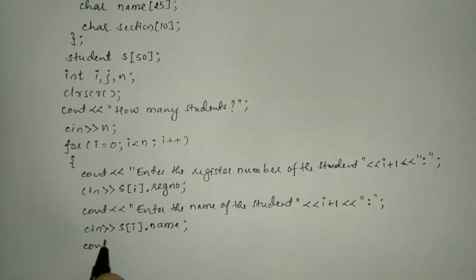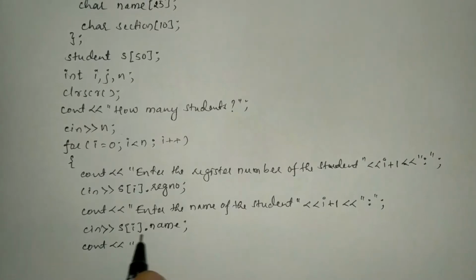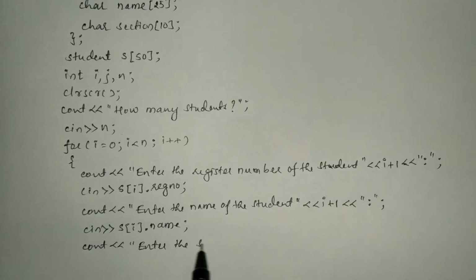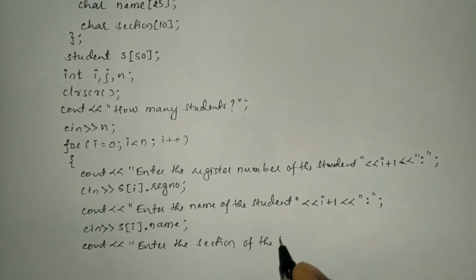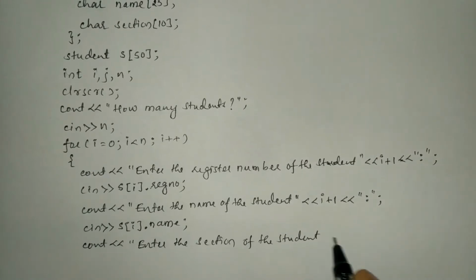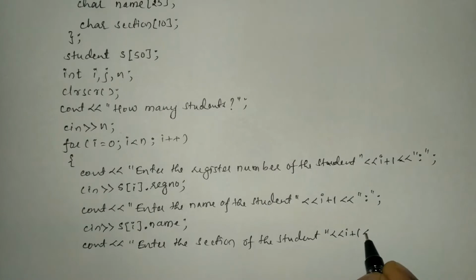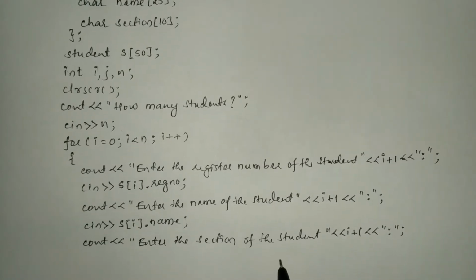Next we'll ask the user to enter the section of the student using cout stream insertion operator, and in a double quotation mark I'm going to write "Enter the section of the student", end the double quotation mark, and here i plus 1 stream insertion operator, in a double quotation mark I'll write colon and put semicolon.